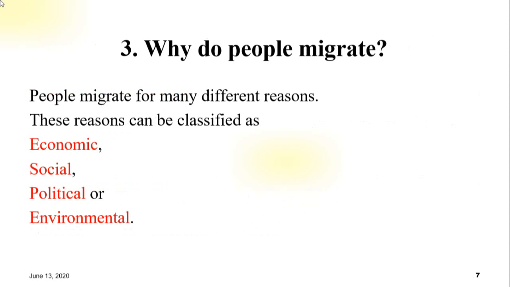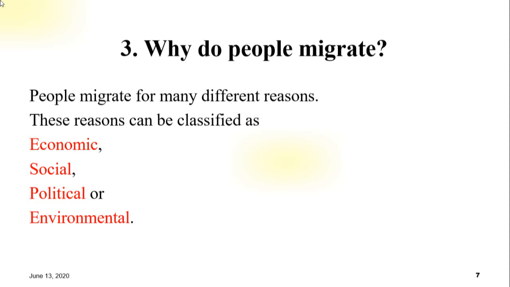Migrate is a verb. People migrate for many different reasons. There are many reasons why people in the world want to migrate from their place, from their home, or from their country.